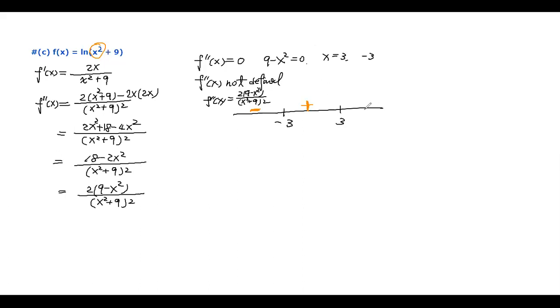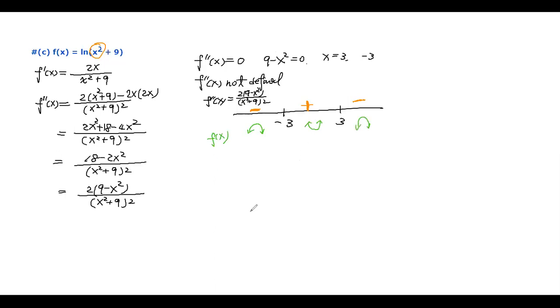And then for anything greater than 3, the same thing, you choose 4, 9 minus 4 squared becomes negative again. Okay, so now here, the bottom one, I am going to put f of x, right? So this one is negative, it is concave down. This is concave up, and this is concave down here, right?